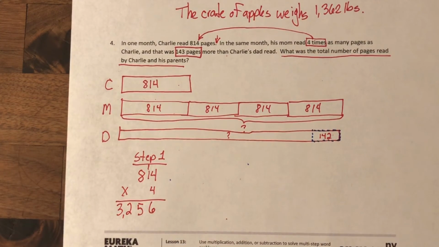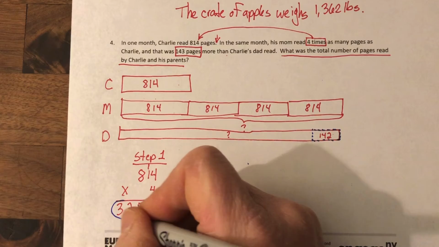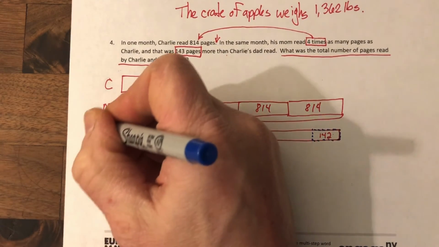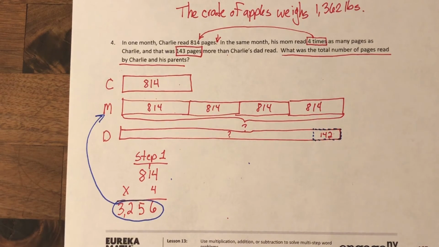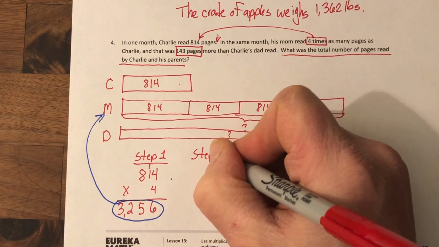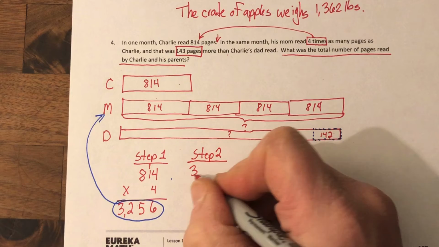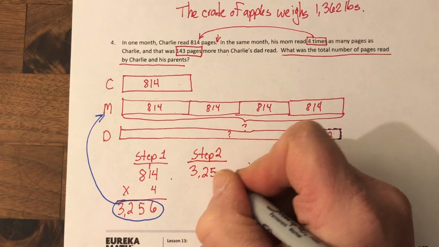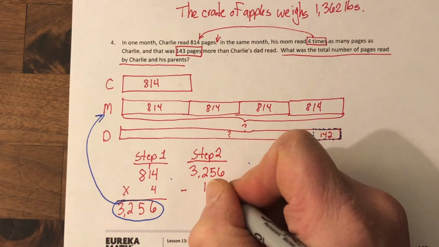All right. So this shows me that Mom read this many pages, okay? Now Dad read 143 less than that. All right, so I can subtract that amount. I'm doing okay, feeling more confident now that I'm actually doing the work and I'm drawing it out. So 3,256 minus 142.